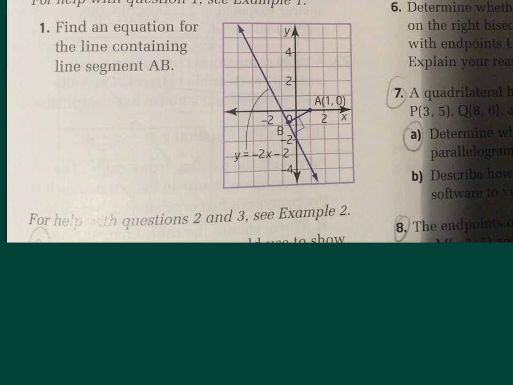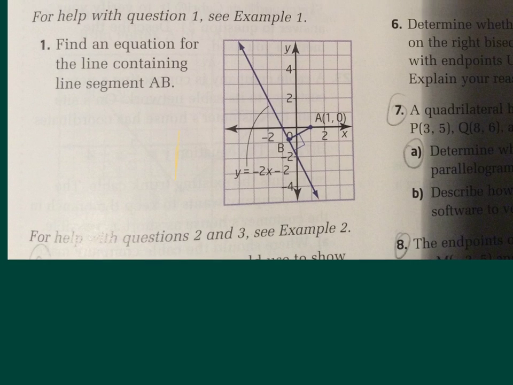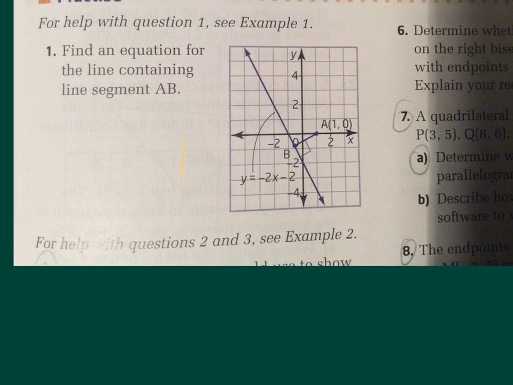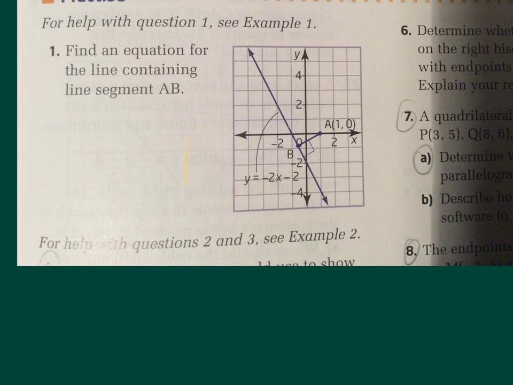I'm going to have to also point out that if you read through all the examples, there's 3 or 4 examples, I think 3 examples on the previous pages. For help with question 1, see example 1, okay?